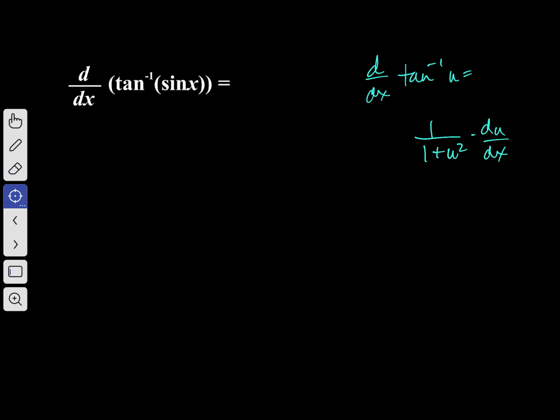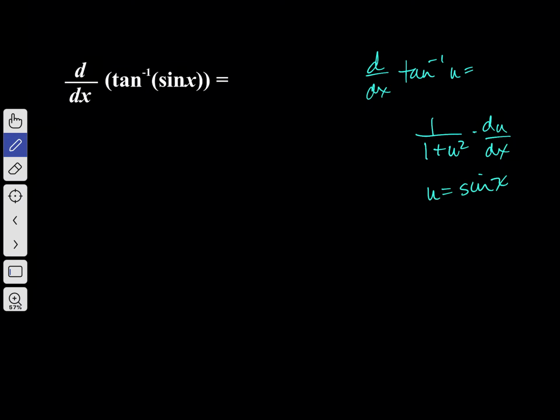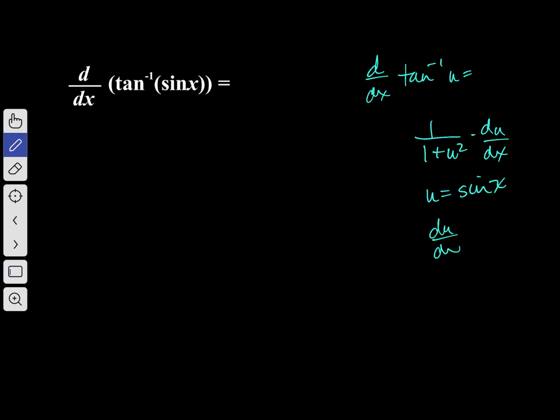All right, and so in this case, our u value is equal to sine x. So I'm going to indicate that our inside function is equal to sine x. And what is the derivative of sine x? Well, that's cosine x.